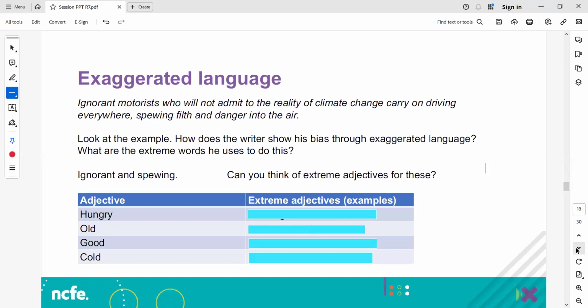So the use of exaggerated language. Ignorant motorists who will not admit to the reality of climate change carry on driving everywhere, spewing filth and danger into the air. So in this example, how is the writer showing his bias through exaggerated language?